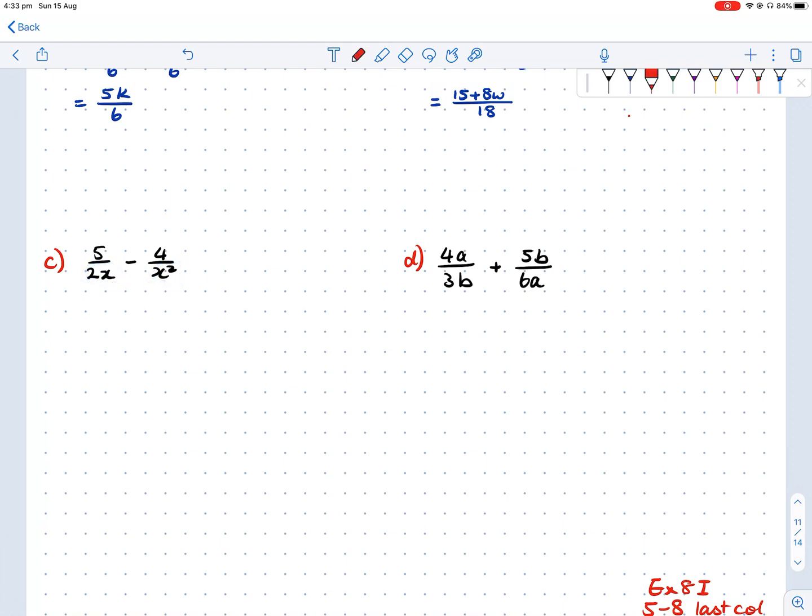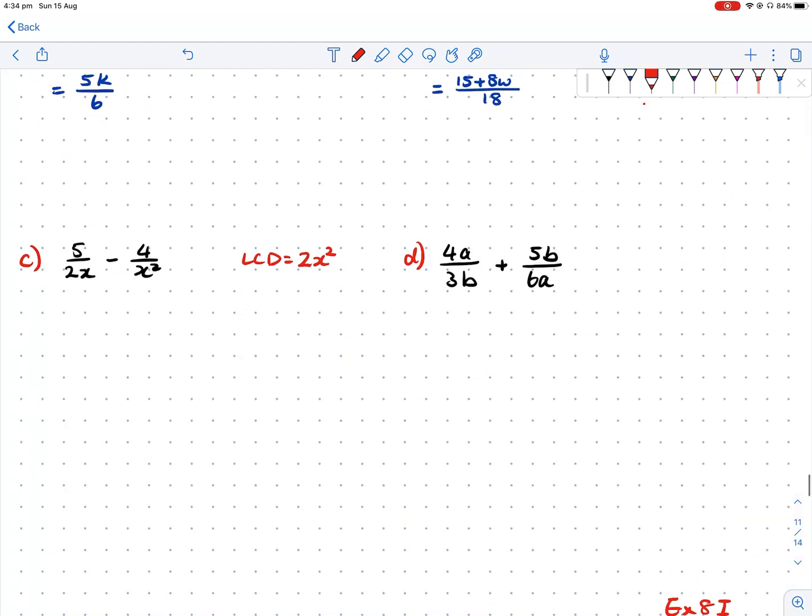So when I'm looking for the lowest common denominator, I know I need to have a 2 and an x as a minimum. So let's just write that out first, 2x. Now, if I'm looking at this second denominator, I've got x squared there. So I need to have at least a square in x squared in the lowest common denominator. So then the lowest common denominator is 2x squared.